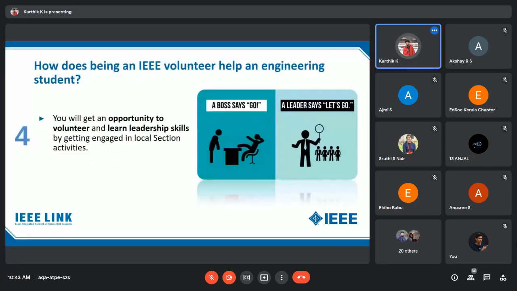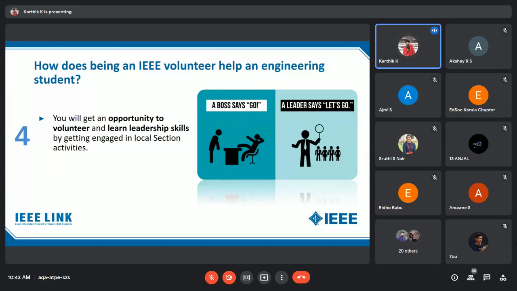The next point is that you get an opportunity to volunteer and learn leadership skills by getting engaged in local section activities. So don't stay only in your SB or wherever you are. Think out of the box and come into the mainstream.